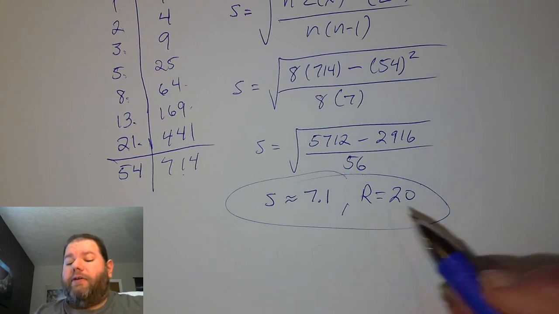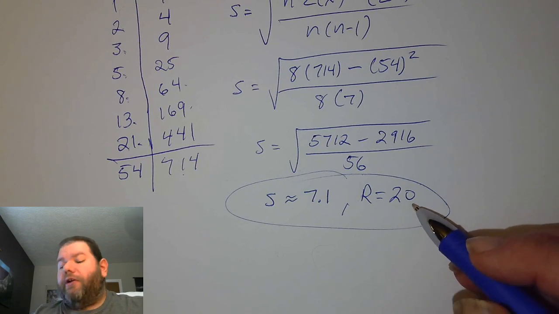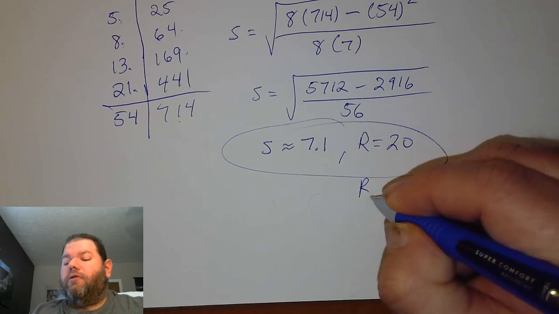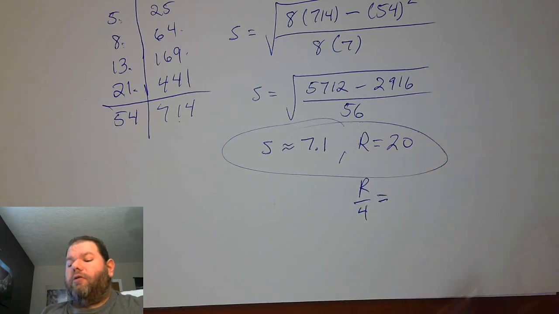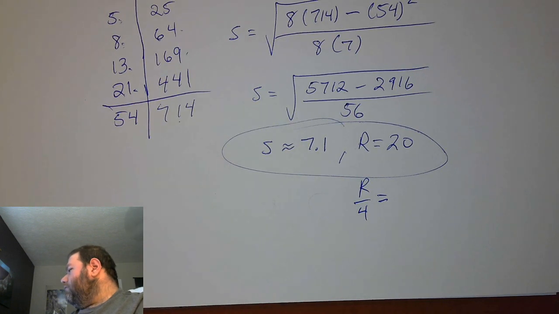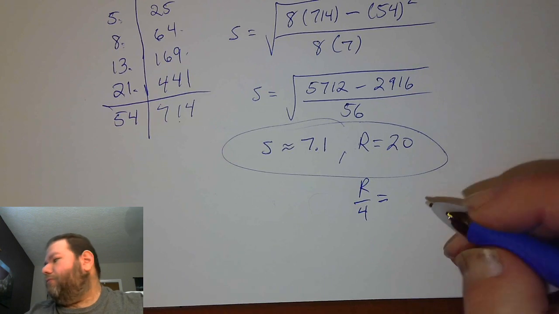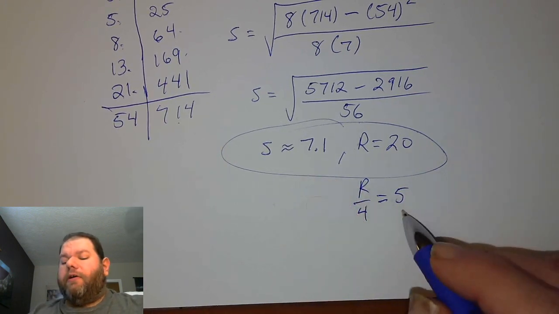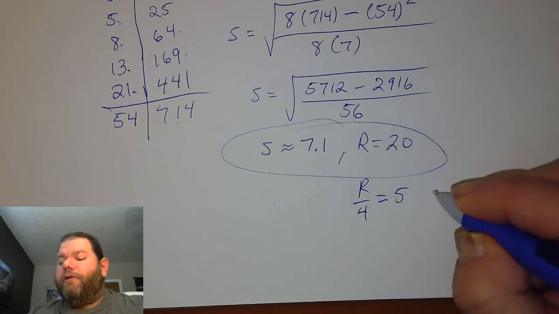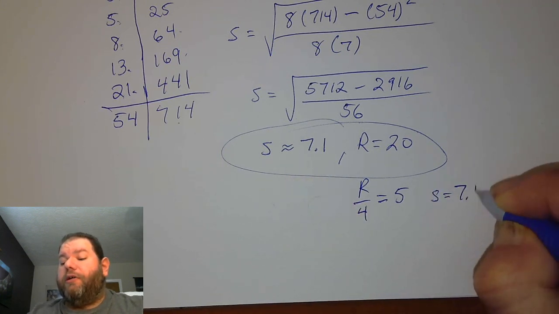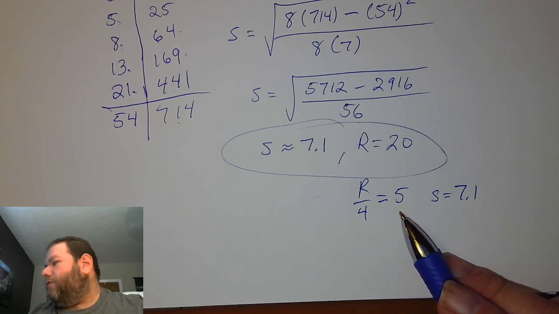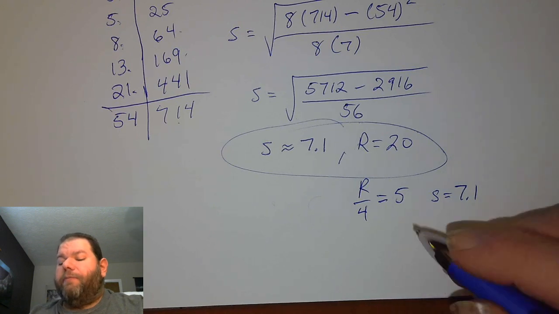So in this case, what is our range divided by 4? Good. And we look at our S as 7.1.